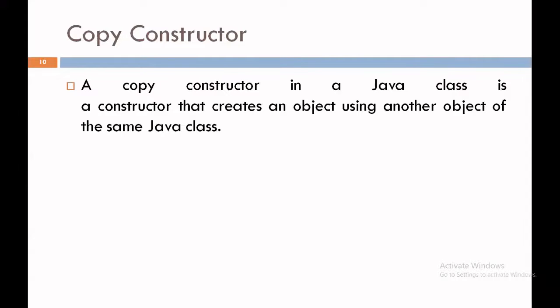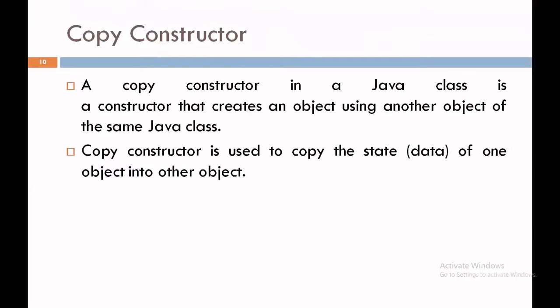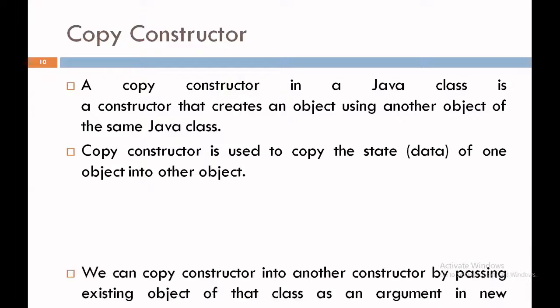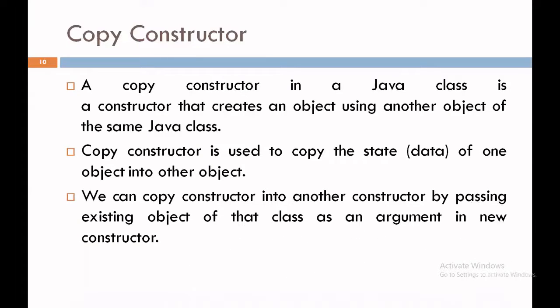That means a copy constructor is used to copy the state of one object into another object, or to copy the data of one object into another object. Or we can copy a constructor into another constructor by passing an existing object of that class as an argument in a new constructor. So this is about the copy constructor in Java.